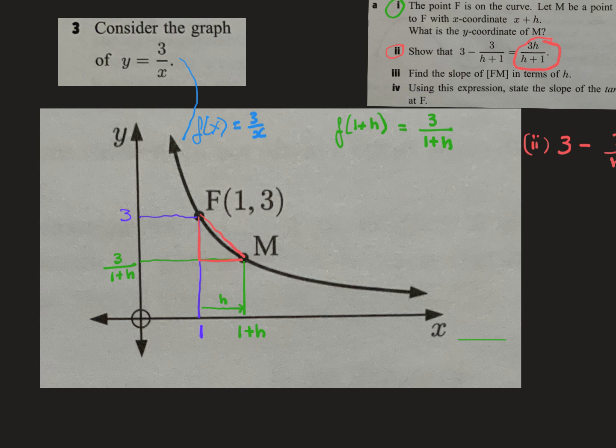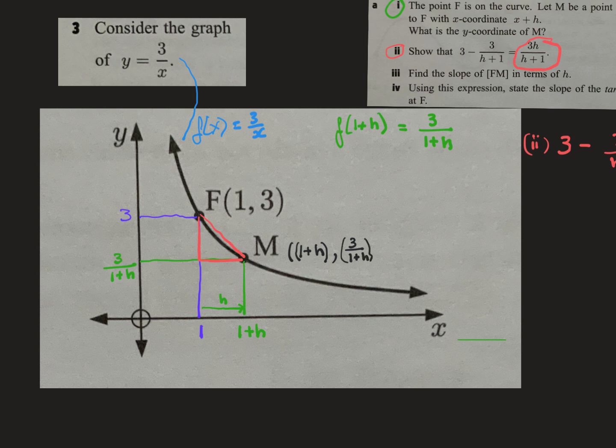Well, first, let's identify that particular contact point M. That point over here, when we examined it, the x value was 1 plus h, and the y value, and I like to put them in brackets again, the y value was 3 over 1 plus h.